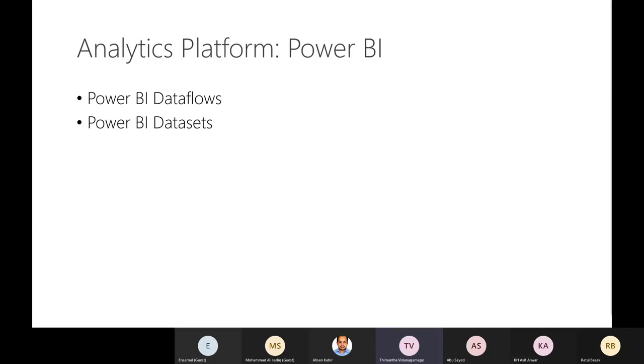So it's something that's compulsory in any Power BI report. That's about it when it comes to the two components.